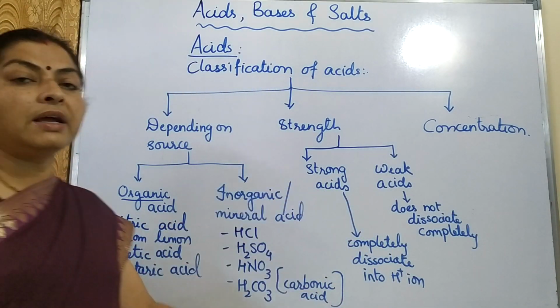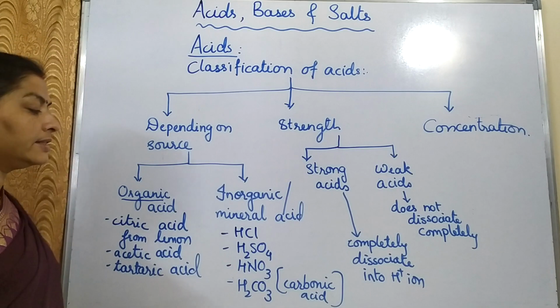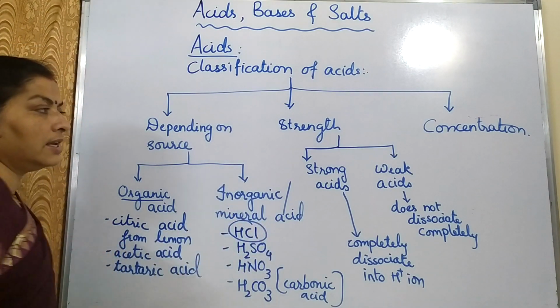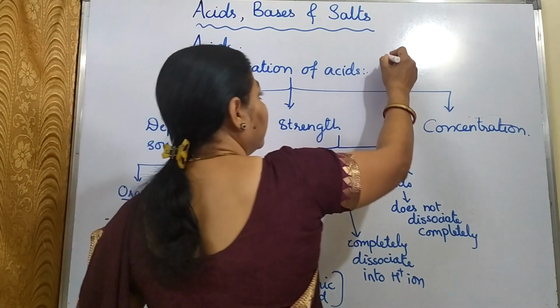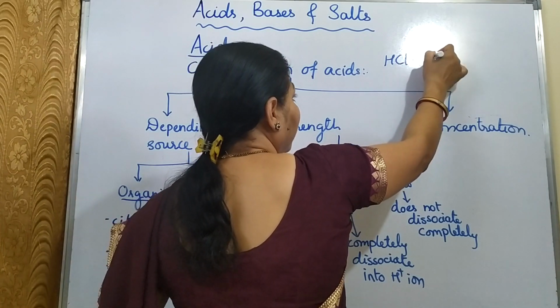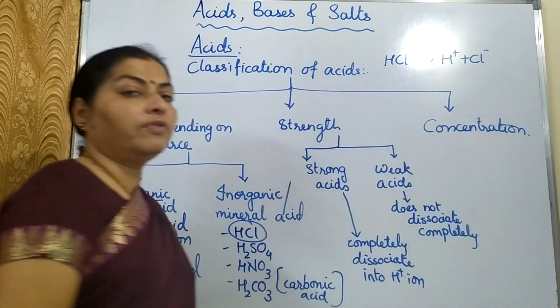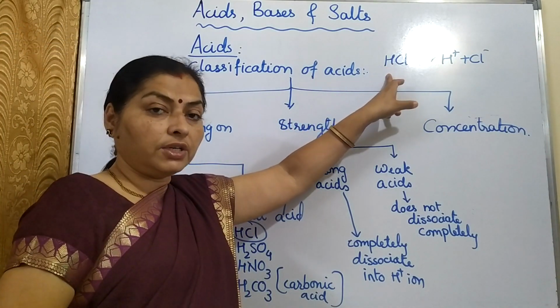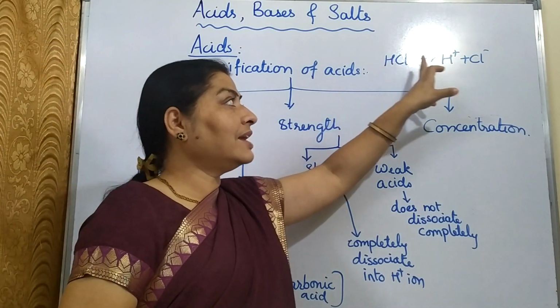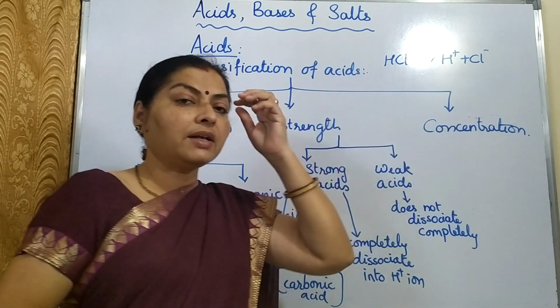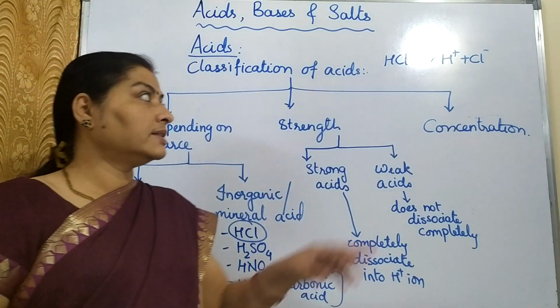So what do you mean by complete dissociation? For example, let us take the example of HCl. So HCl in water forms H plus and Cl minus ions. Now HCl is originally a gas. So when this hydrogen chloride gas is passed into water, it becomes hydrochloric acid.